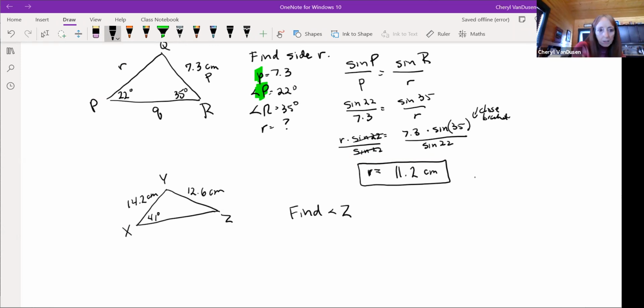So I know that angle X, my pen has stopped working again. It's kind of hard to do anything when all of a sudden things don't work. Sorry about that, guys. Computers are great until they're not. I'll just be quiet for a minute and see if I can write the things on the board.